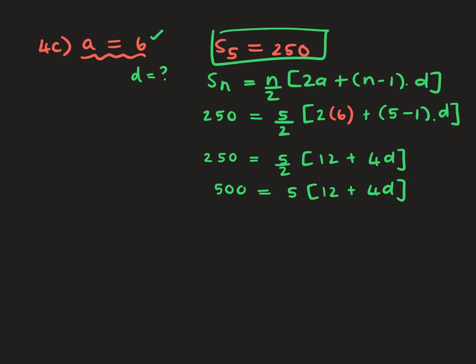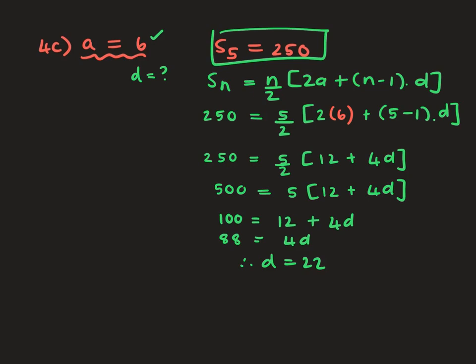Same though, hey? I'm going to divide by 5, and I get that 100 is equal to 12 plus 4d. So now I can just solve for d. 88 is equal to 4d. So divide both sides by 4. So your constant difference is 22.